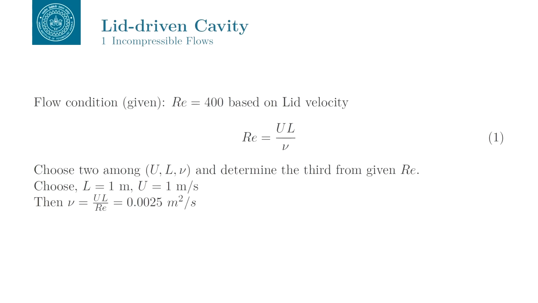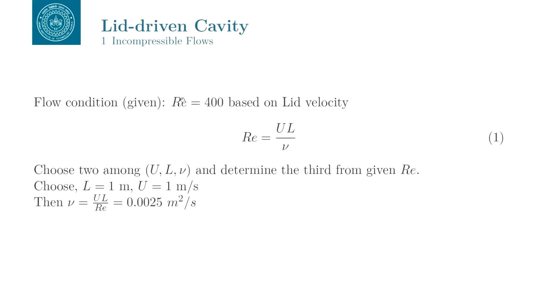The flow condition that will typically be known to you is, for example, what is the dynamical parameter which is governing the flow. In this case it is an incompressible flow, so the only parameter that is governing the flow is the Reynolds number. I have taken a Reynolds number of 400.